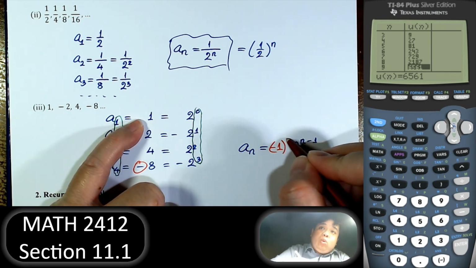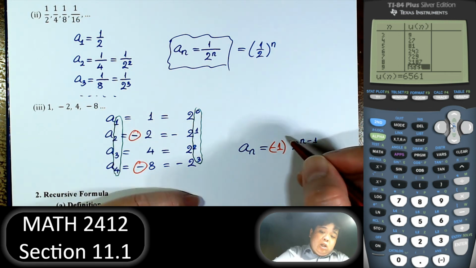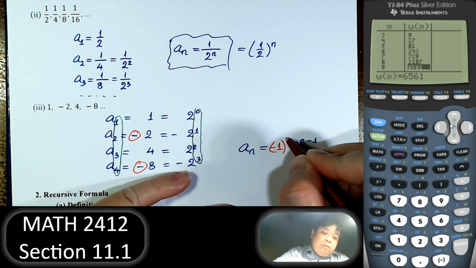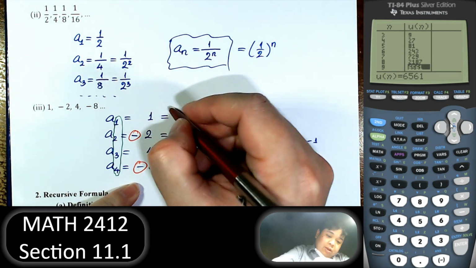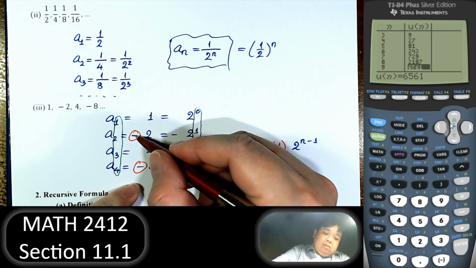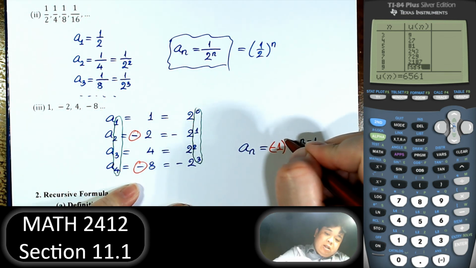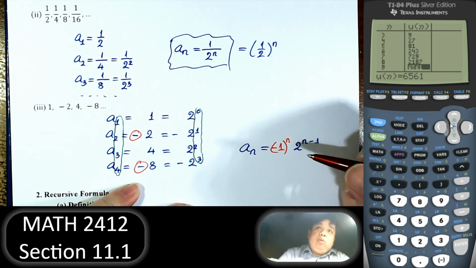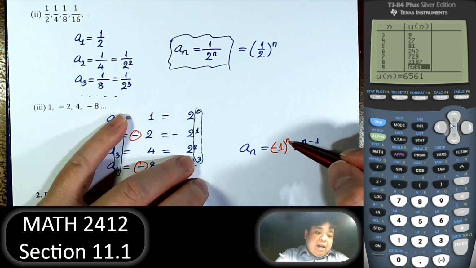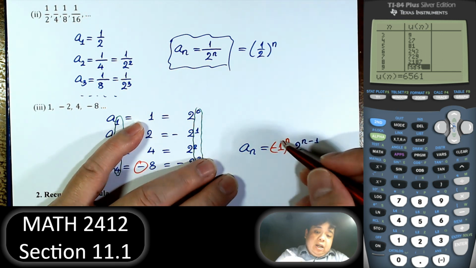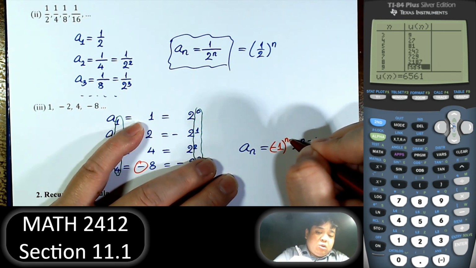So if we start with 1, it cannot start with 1. It has to start from the even number. So we can start with 0. And then this -1 to the first, so pretty much this also -1. And if we put n, we start with 1, and that's going to be negative. It doesn't work. So we have to either +1 or -1.